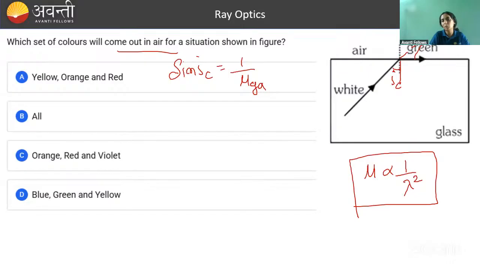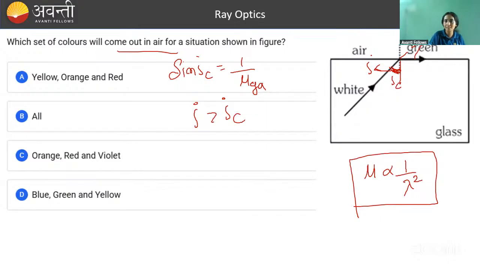Or let's think about which light will get totally internally reflected. The light for which this angle of incidence I is greater than IC will get internally reflected.